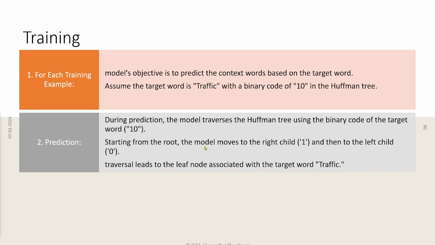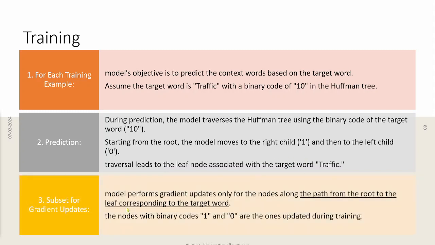Start with the root, move to the right because the first code is 1, and then move to the left because you have 0. That traversal leads you to the target word.